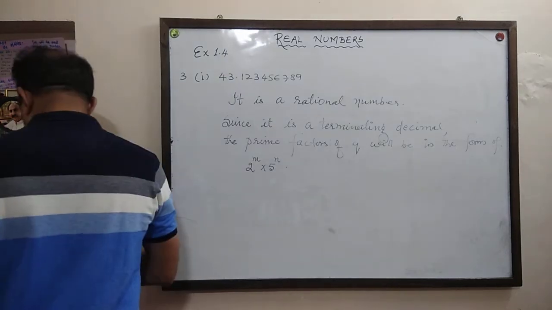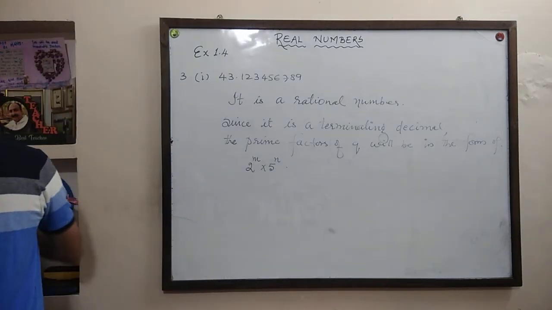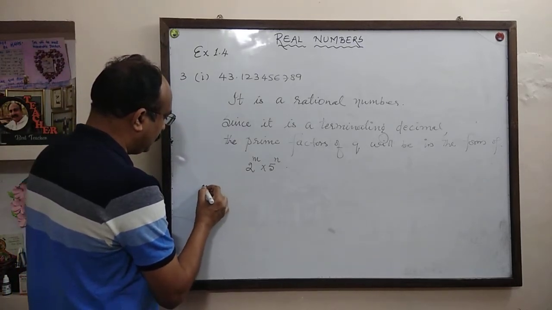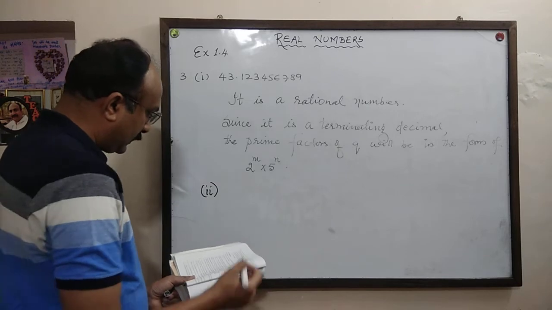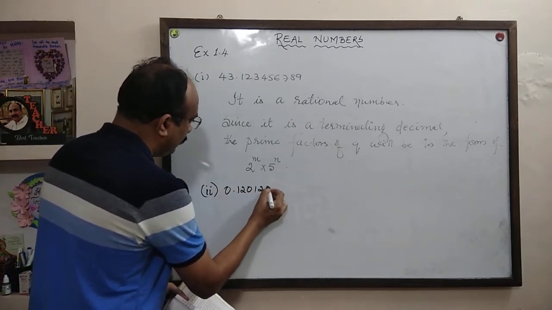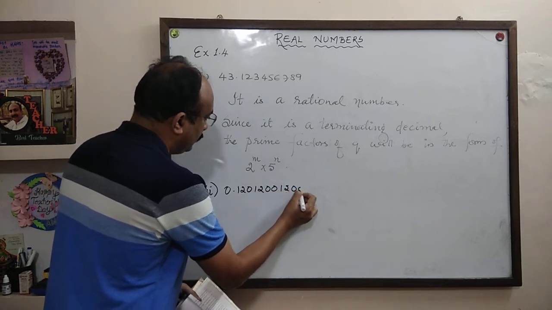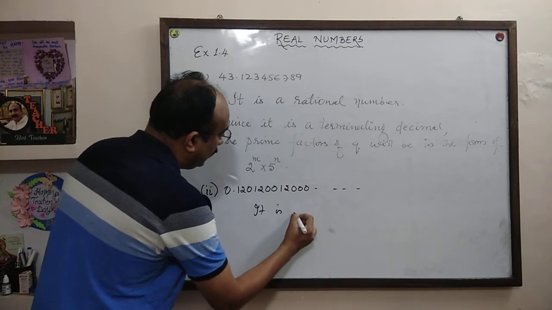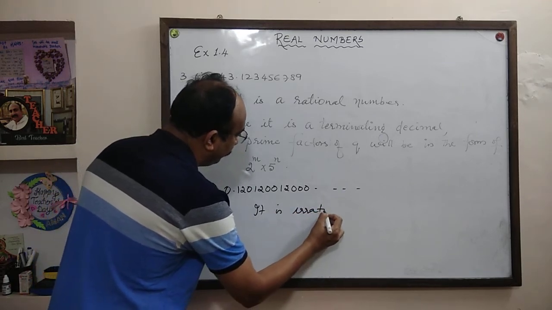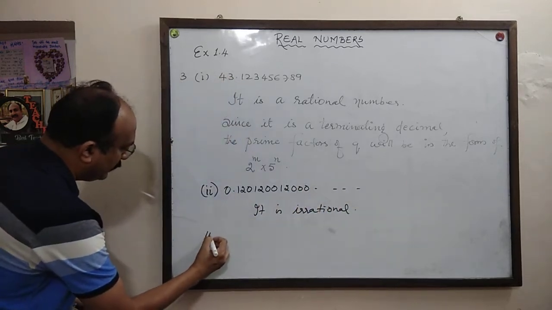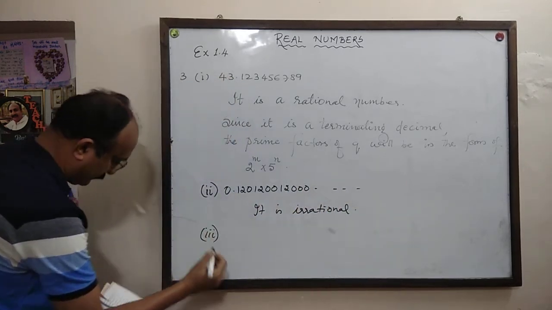So question number 2. 0.120, 1200, 12000... It is irrational. And number 3.